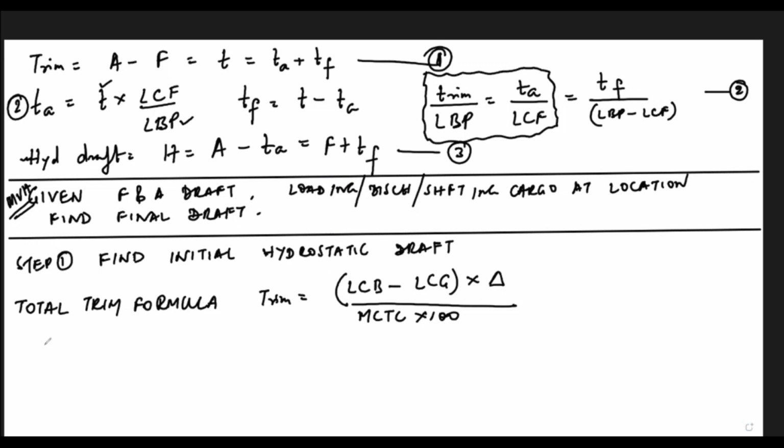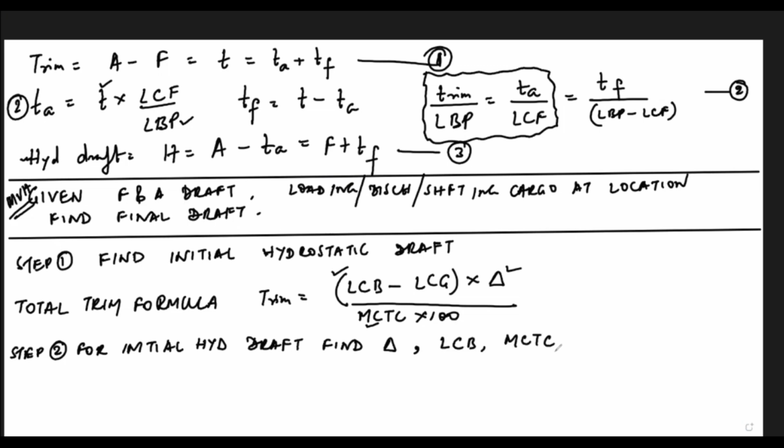So in step 2, for the initial hydrostatic draft, we need to find these parameters: displacement, LCB and MCTC.